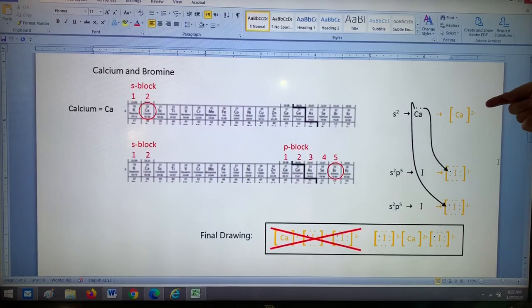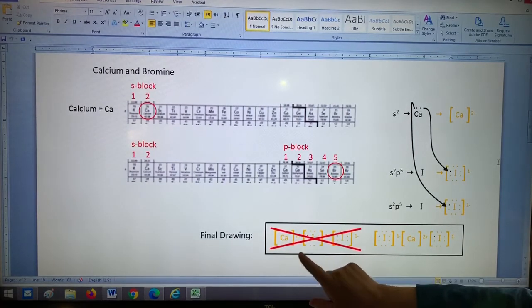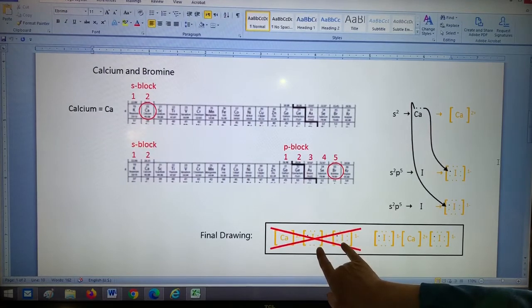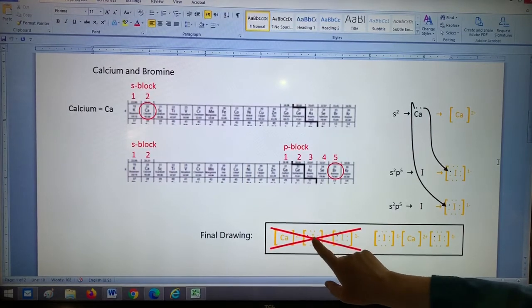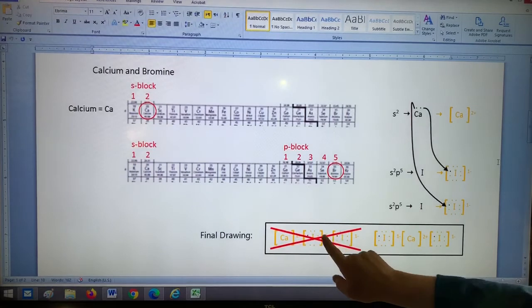And it's pretty hopeful that you'll understand this, but pluses attract minuses. It's that simple. But I want you to notice that you can't be willy-nilly about how you put them together. So here's a 2 plus, here's a 1 minus, and here's a 1 minus. These two 1 minuses are not going to be attracted to each other. So don't ever put 2 ions side by side that have the same charge, because they are not going to be attracted. There will not be an ionic bond right there.